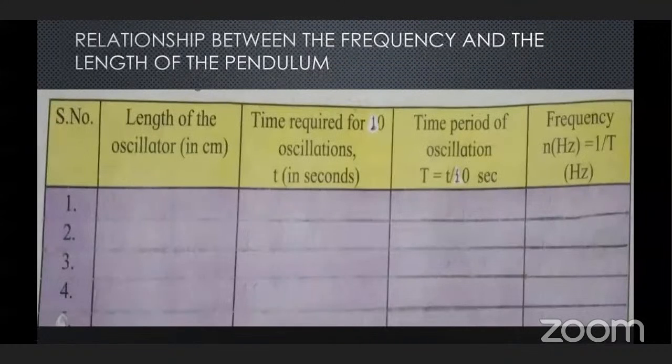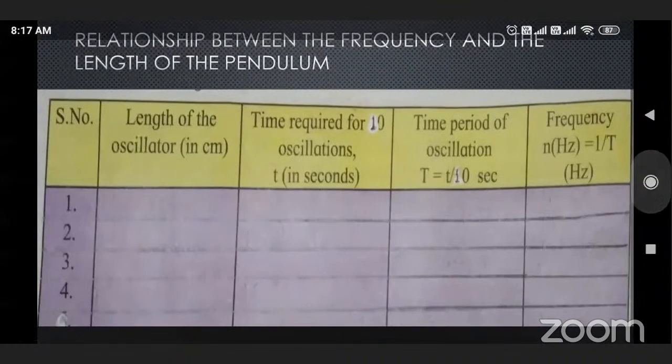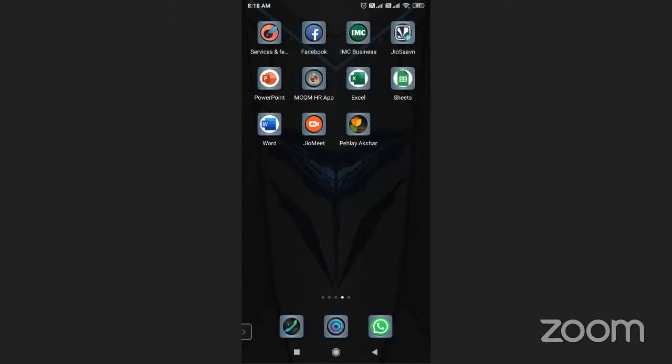Okay. Now we are going to learn the relationship between the frequency and the length of the pendulum. And for this, we are going to do an activity. Wait a minute. Okay. I'm going to show you one object.